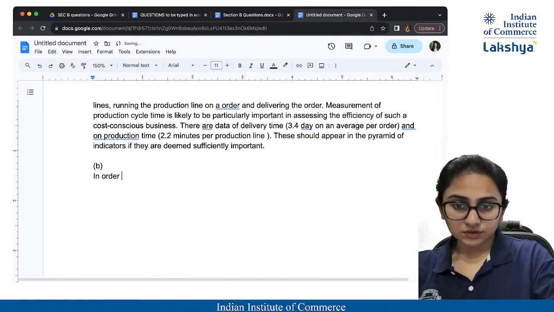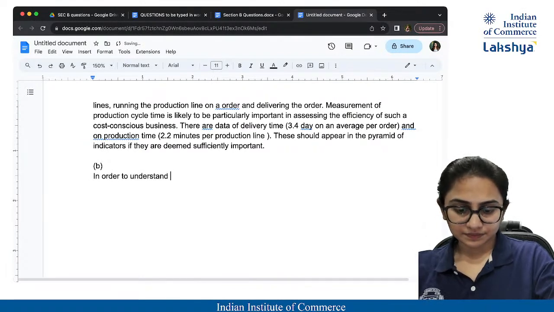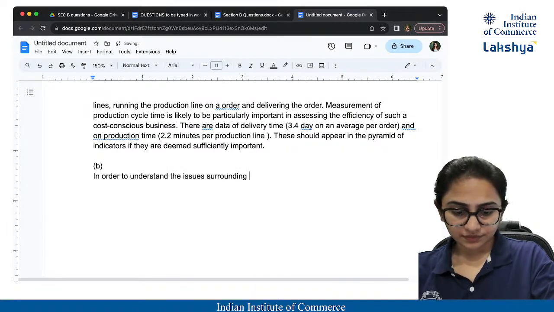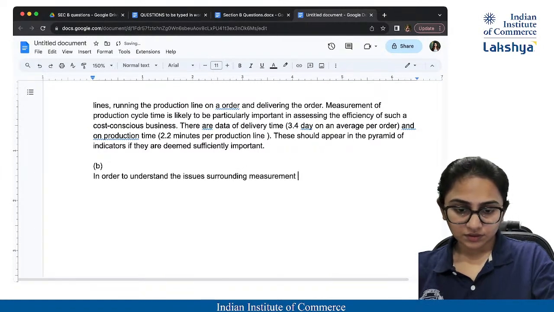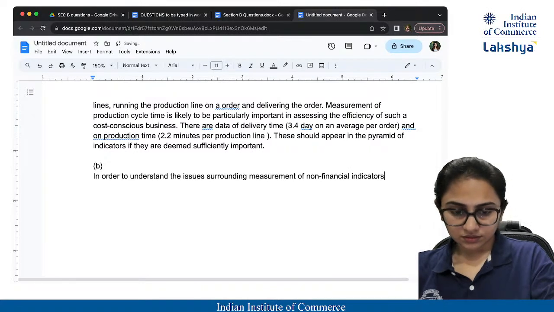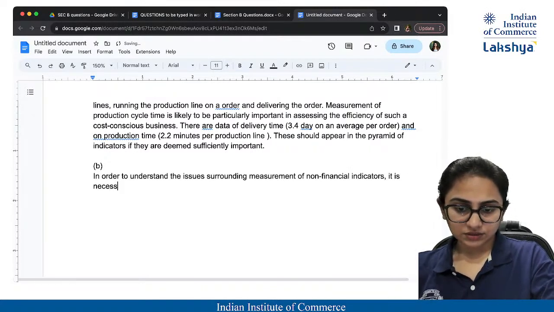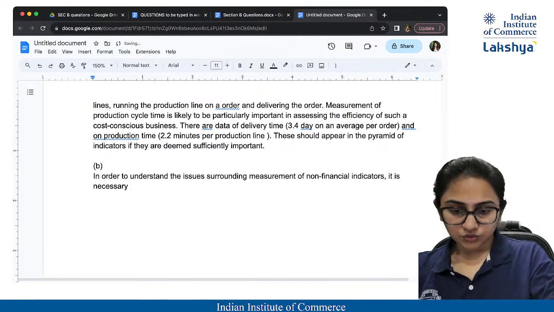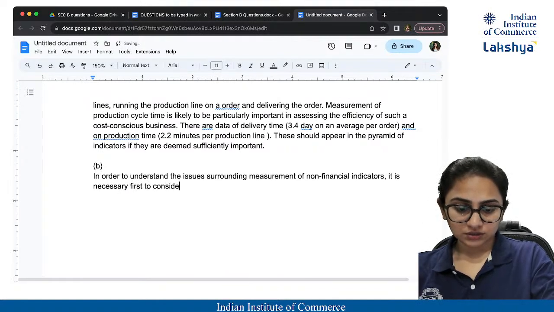In order to understand the issues surrounding measurement of non-financial indicators, it is necessary first to consider, because now we are looking at non-financial, the more commonly used financial ones.